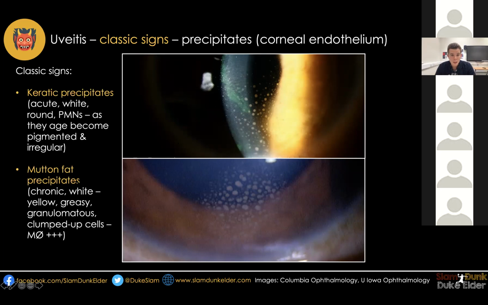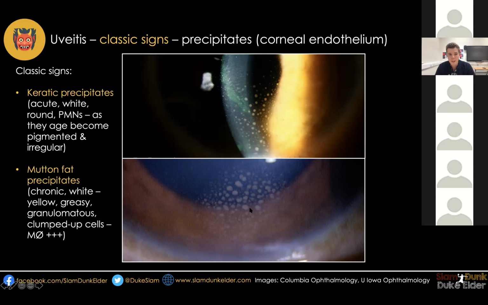And with time, if it's a recurrent uveitis, recurrent meaning more than a couple of episodes for longer than 3 months, you might get mutton fat precipitates if it's a recurrent or chronic uveitis. That's effectively like chorotic precipitates, but different types of cells, once again clumping together at a place where gravity does most of its actions, which is the lower part of the cornea.